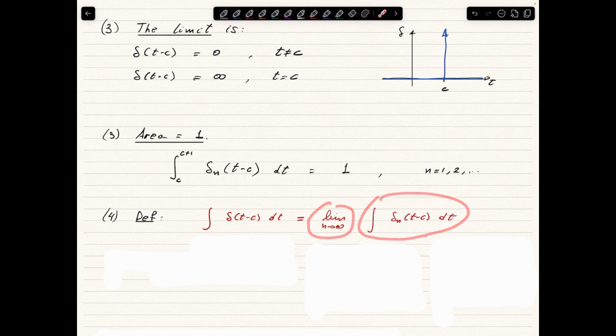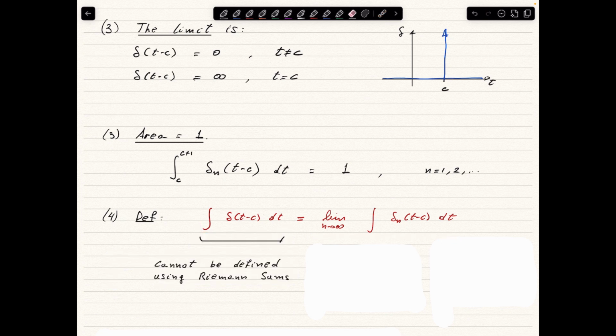We have to define the integral of the Dirac Delta in this way because we cannot define it in the same way as we do with functions, by the limit of Riemann sums.